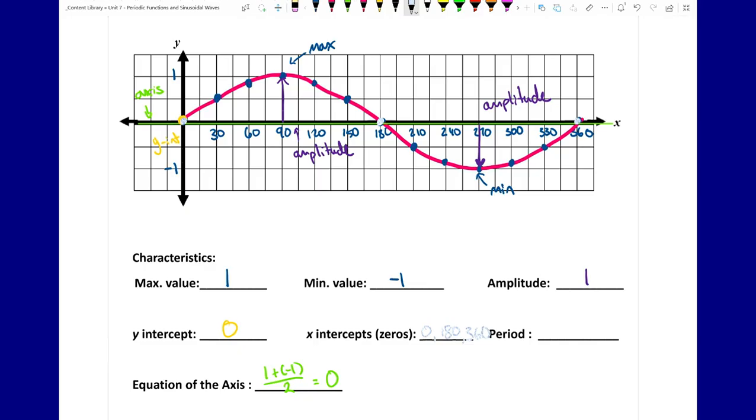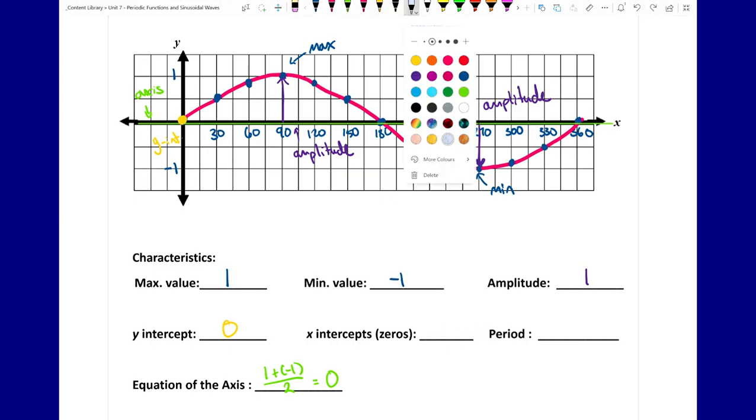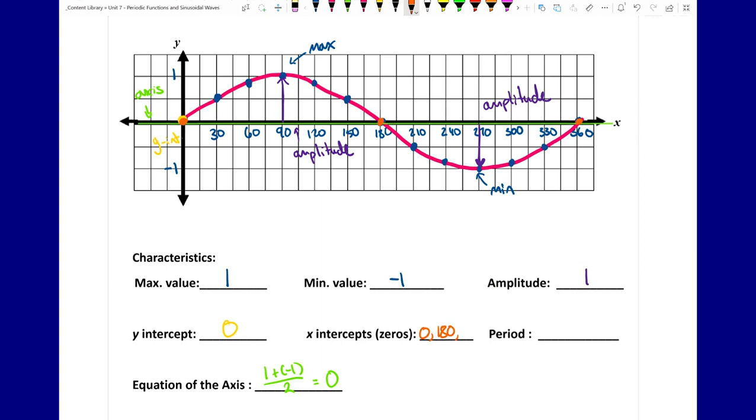Actually, that is a little bit hard to see. Let's change that up to keep it color-coded. Let's go with an orange. So our x-intercepts are 0, 180, 360.